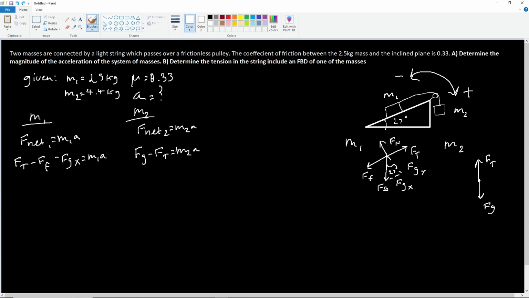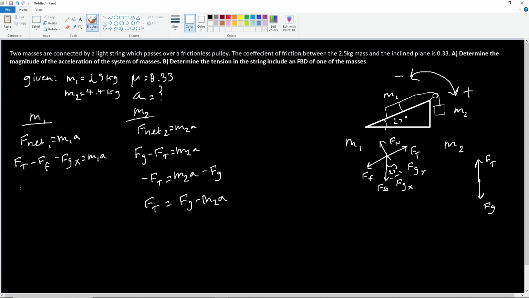So we can eliminate Ft as a symbol here. So let's rearrange equation 2. So negative Ft equals M2A minus Fg, and Ft equals Fg minus M2A.